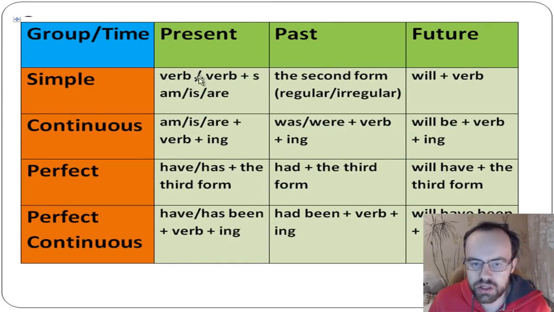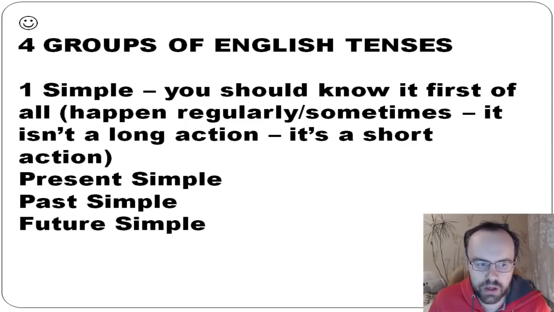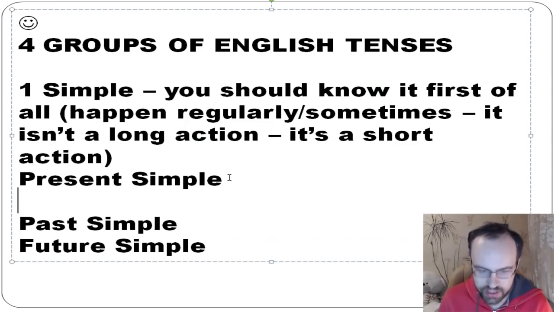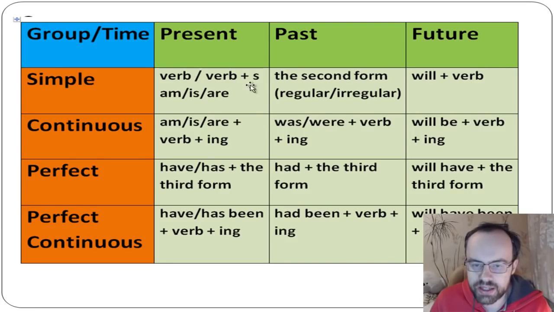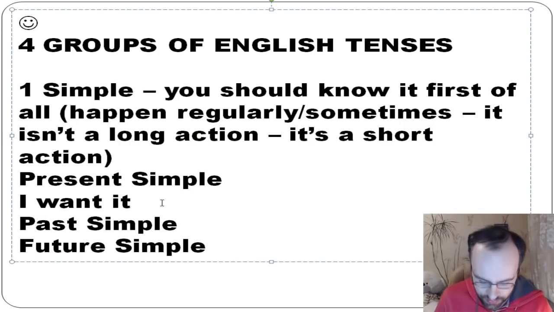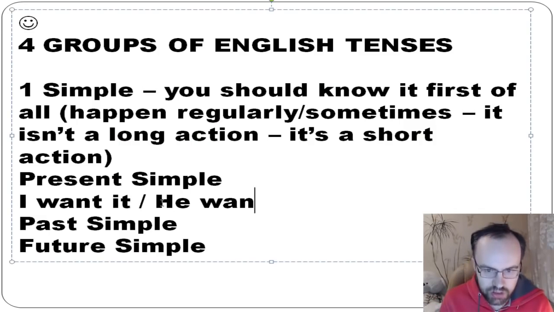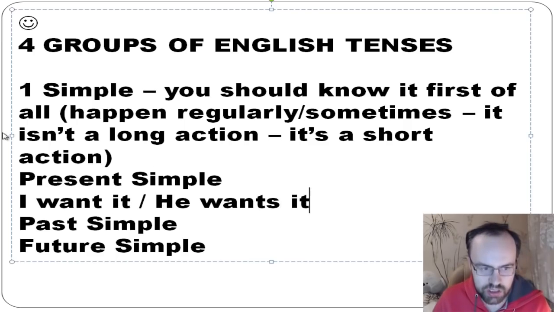So we form it this way. Verb, for example, present simple: I want it. We can add s if it's he, she, it. For example, he wants it.